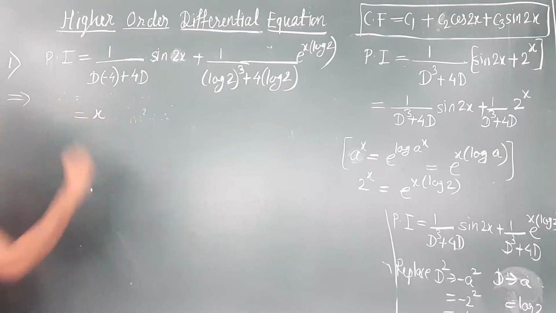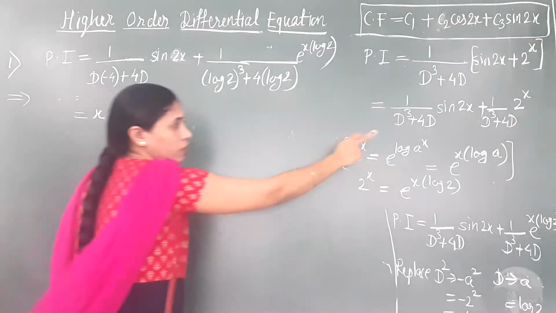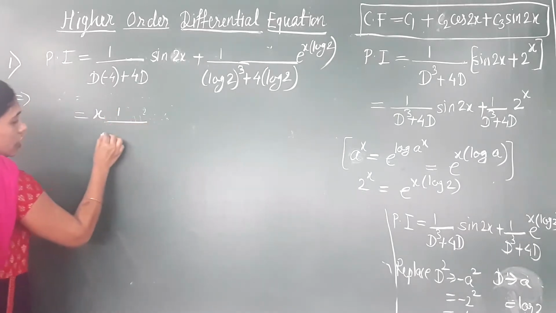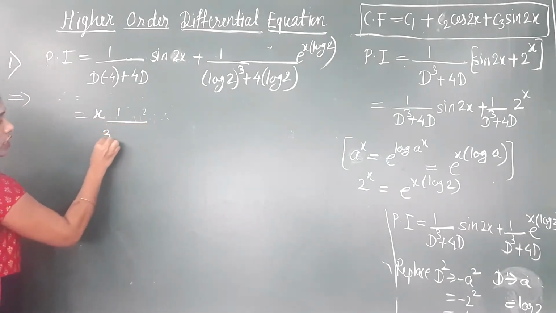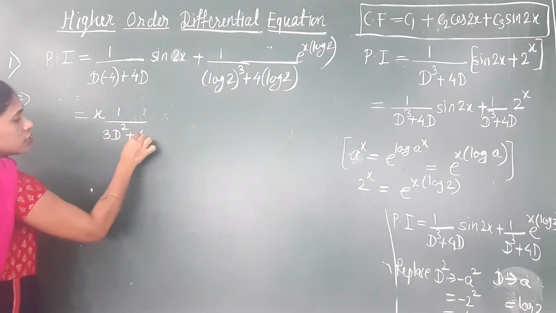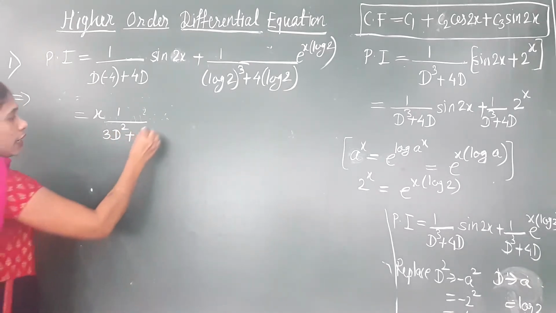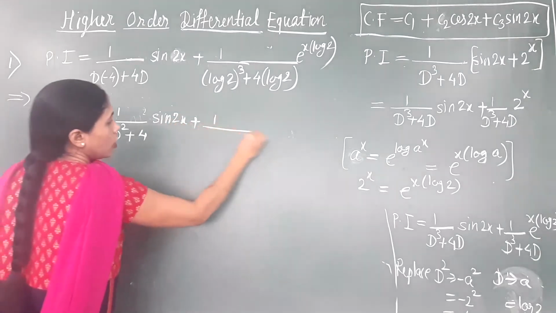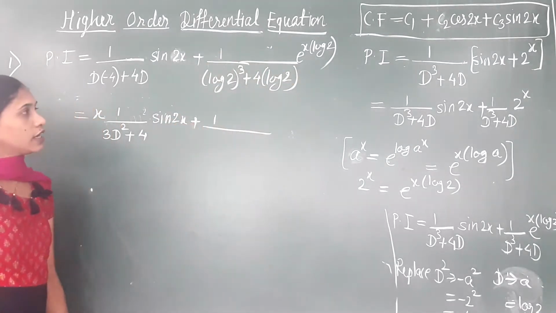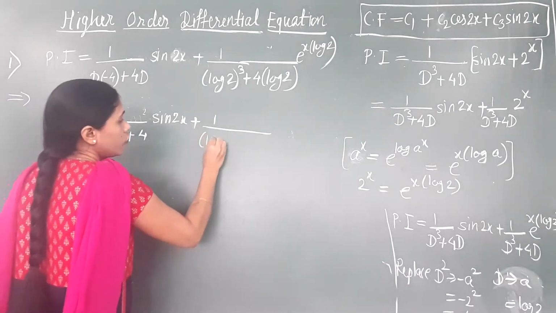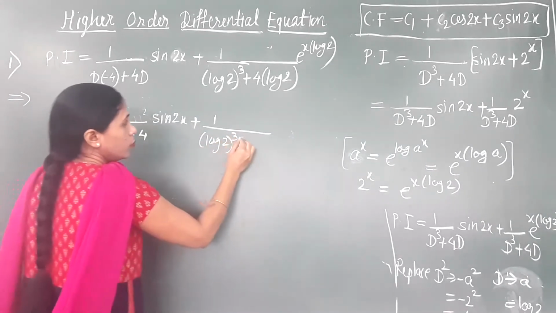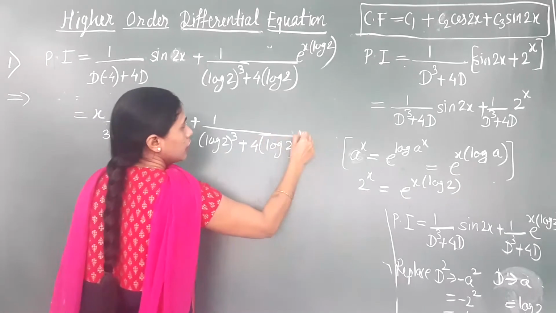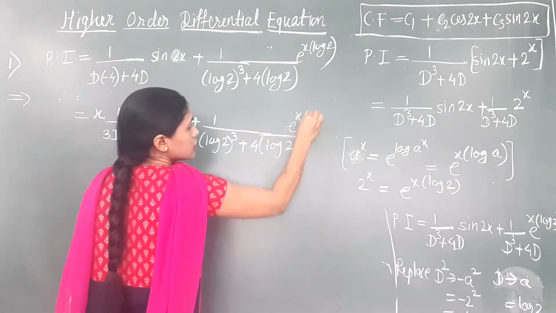So we multiply by x and find the derivative of D cube plus 4D. What is the derivative of D cube plus 4D? The derivative of D cube is 3D square and the derivative of 4D is 4, multiplied by sin 2x, plus the second term as it is: 1 upon log of 2 whole cube plus 4 multiplied by log 2 multiplied by e to the power x into log 2.